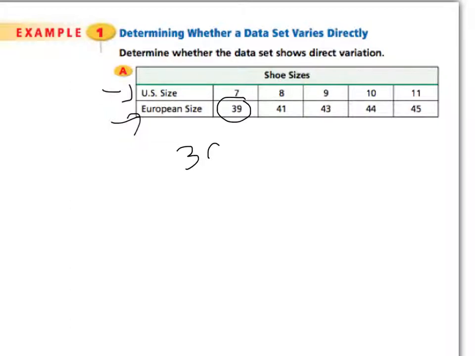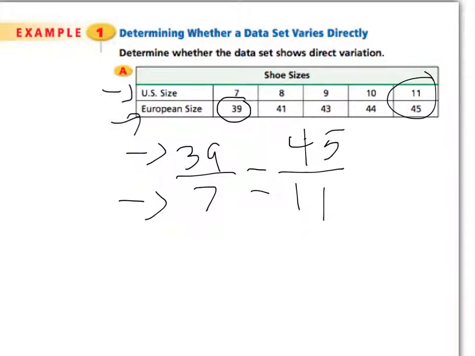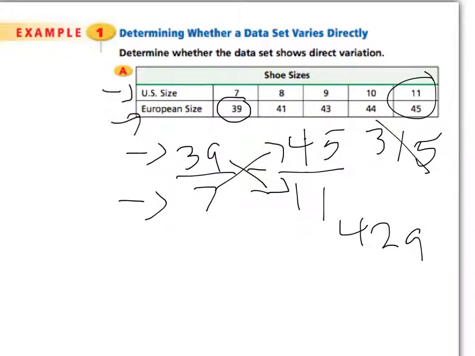So let's say 39 over 7, European size over US size, and I'm going to set that equal to this one over here, 45 over 11. I'm going to multiply 39 times 11, which is 429. I'm going to multiply 7 times 45, which is 315. These are not the same numbers, so this is not directly varied. It's not the same ratio. So this is not direct variation.